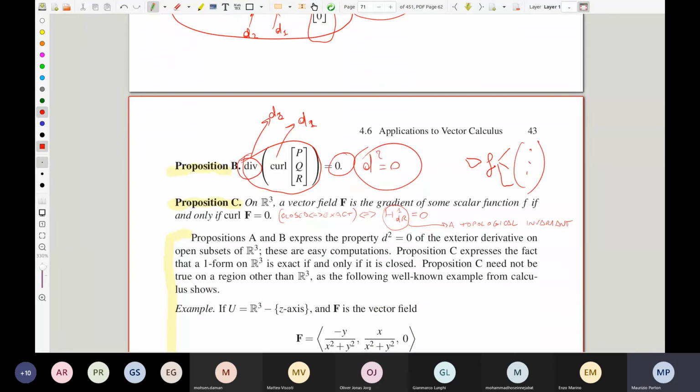But you could describe, anyway, the divergence of a gradient in terms of differential geometry with these operators, okay? And then this third proposition is the Poincare lemma, I guess. Okay.